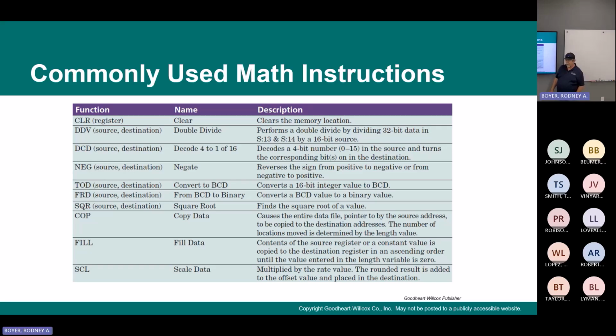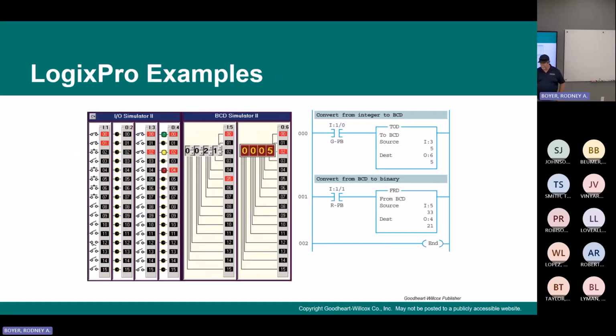Much easier to use scale with parameters though, because you just tell it what the raw minimum and maximum input is, and then what the scale minimum and maximum are, and it does the math for you. Logix Pro example we don't care about, and that is the last slide.